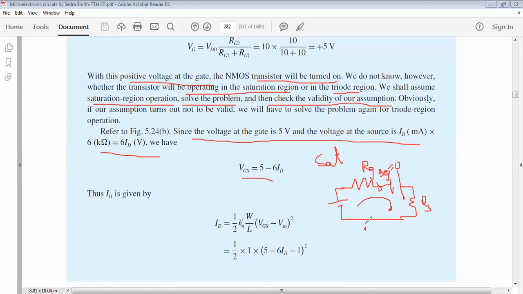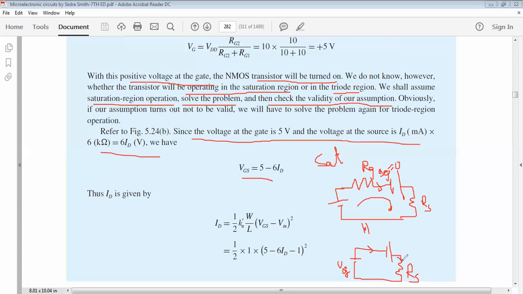So this circuit is equivalent to only the voltage source VG, then the MOSFET source resistance RS.